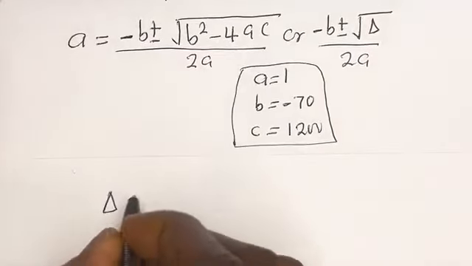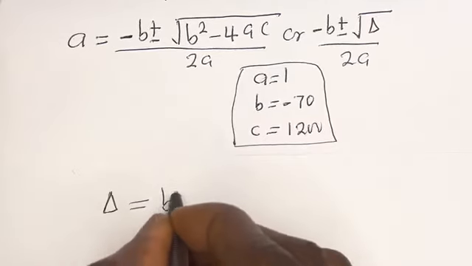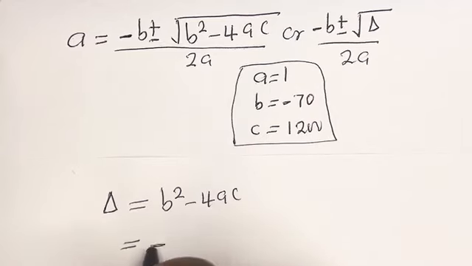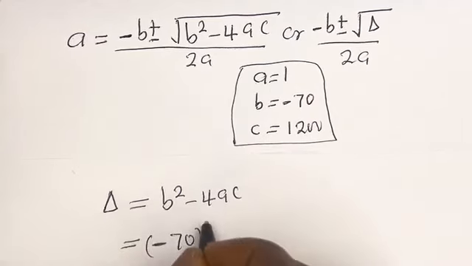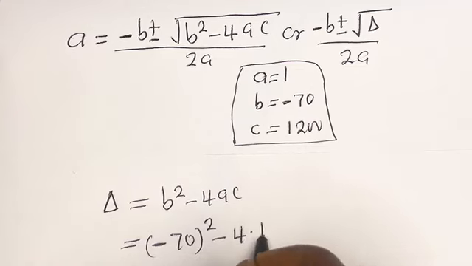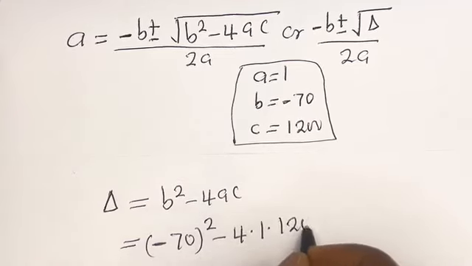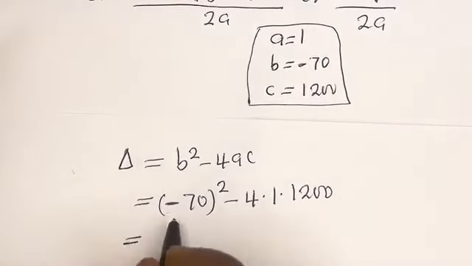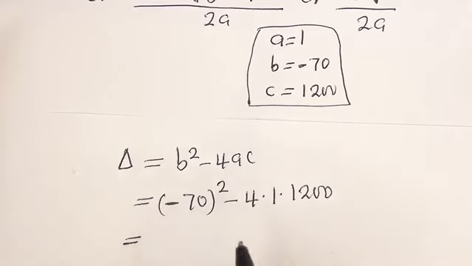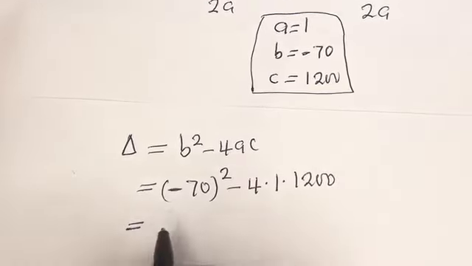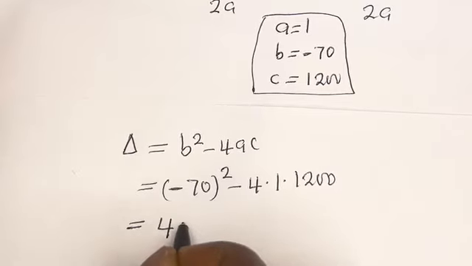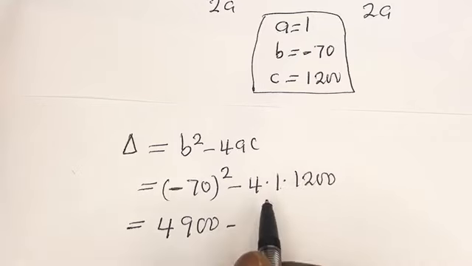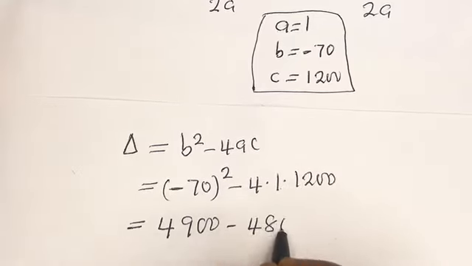Then discriminant D is equal to B square minus 4AC. This is equal to minus 70 square minus 4 multiplied by 1 multiplied by C, which is 1200. And this is equal to minus 70 square, that is 4900, minus 4 multiplied by 1 multiplied by 1200, that is 4800.